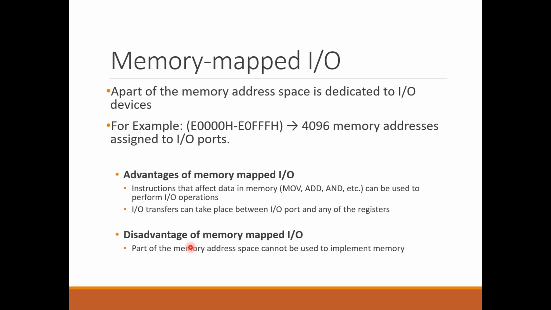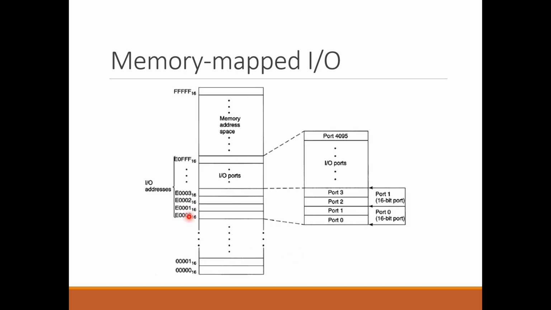But the disadvantage of memory mapped I/O is that the part of the memory which is dedicated to the I/O devices can't be used to work as the memory's functions, such as getting data from the memory. So they are going to be separated from the memory space, only dedicated to the I/O purposes. Look at here, from this memory location to this memory location are called the I/O addresses.